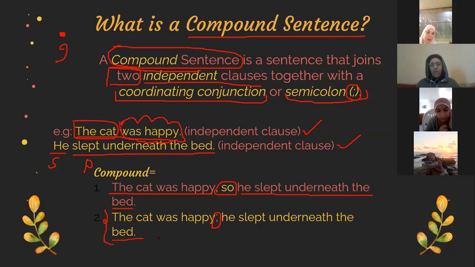So this is a compound sentence, and it has two independent clauses joined with a semicolon. Again, I repeat, I can make a compound sentence by joining two independent clauses, either with a comma and a coordinating conjunction or a semicolon.